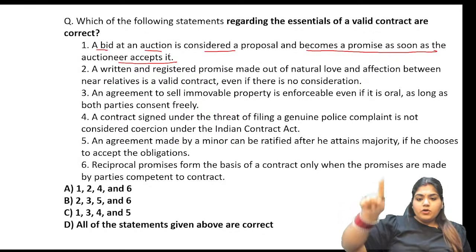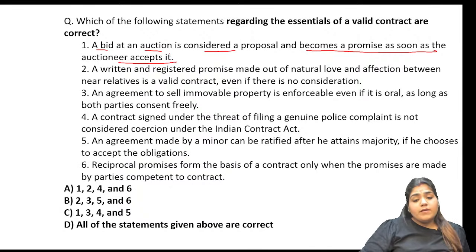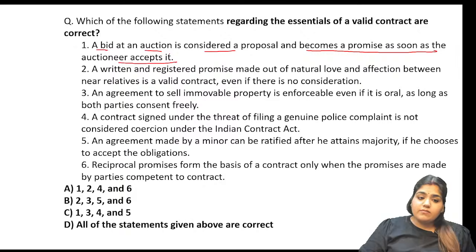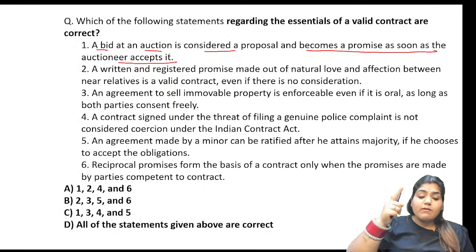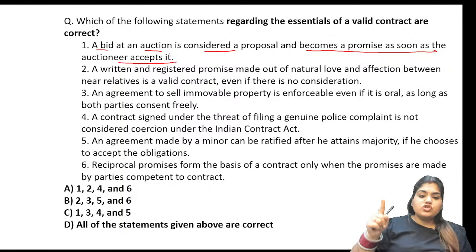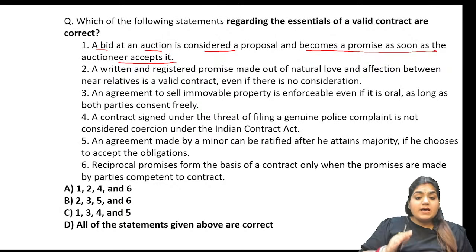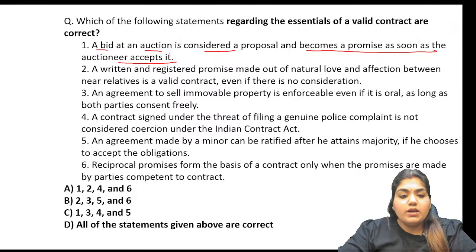The moment you put your bid and the auctioneer accepts that bid, you have offered the amount and the auctioneer has accepted it. The moment an offer gets accepted, it becomes a promise. A promise with consideration is an agreement. Agreement plus legally enforceable is a contract. Statement number 1 is correct.